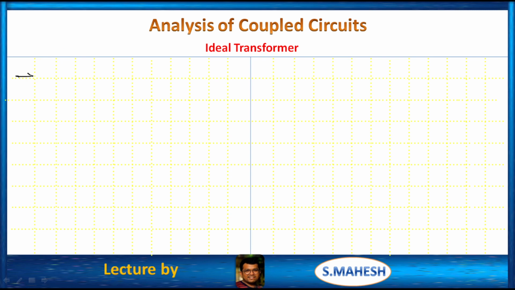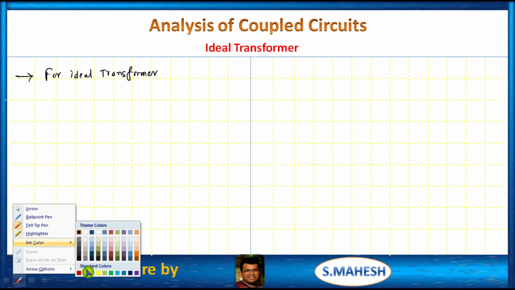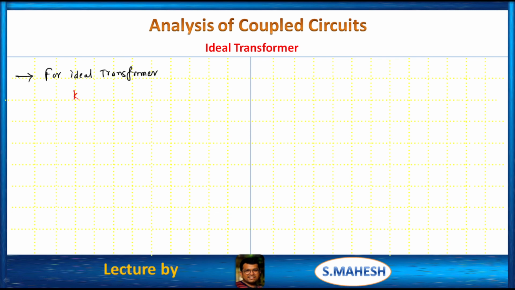Before that, first we have to write, for an ideal transformer, K should be equal to 1 and there are no resistive branches, that is R1 and R2 should be equal to 0. This is the first observation.